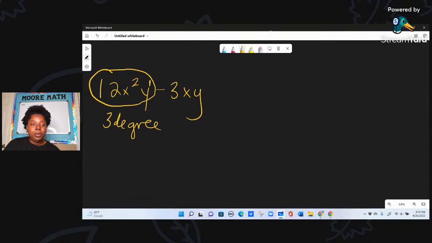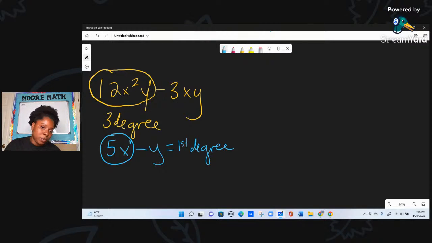When you have, let's say, 5x minus y, which one? Again, you would go with the first term, and it would be the first degree, because that's raised to the first power.